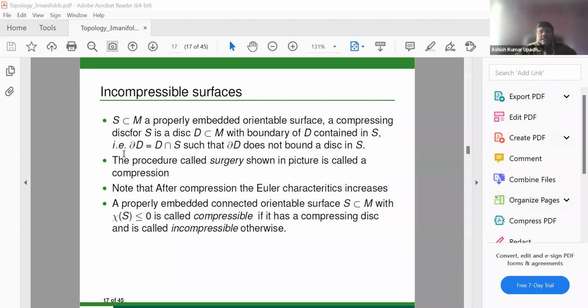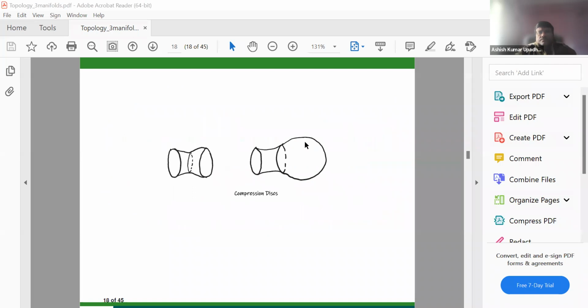A compressing disk for S, this is a definition: a compressing disk for S is a disk D contained in M with the boundary of D contained in S. That is, the boundary of D is actually D intersection S. Look at this figure. In the manifold, the disk shown by dotted lines forms a disk, and the picture shown to you is a surface.